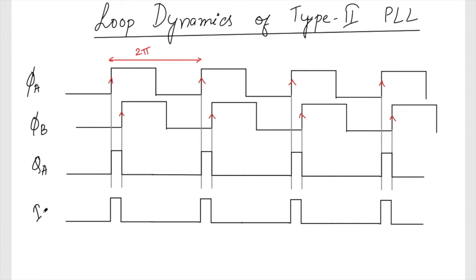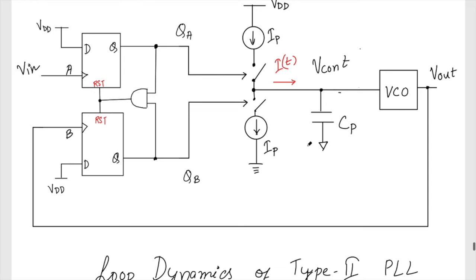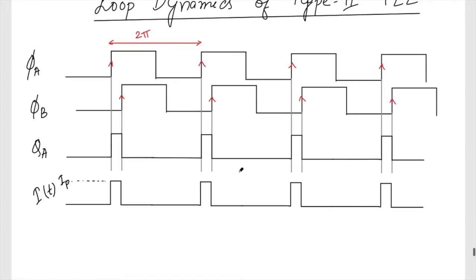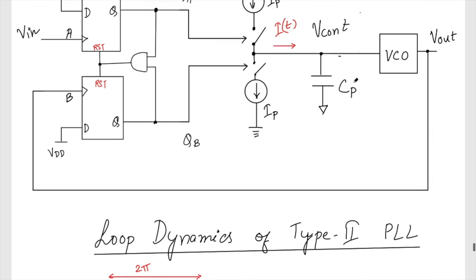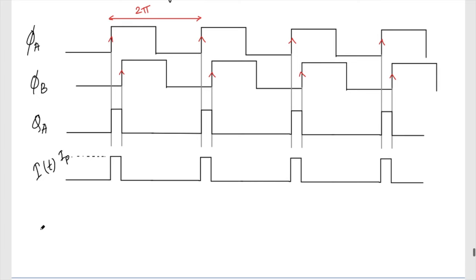The current flowing to the capacitor, I should say, has the value IP in the positive direction, because it is going this side into the capacitor. So whenever QA is on, these current pulses are going. Now with this I can try to plot the VCO control voltage. It will look something like this.